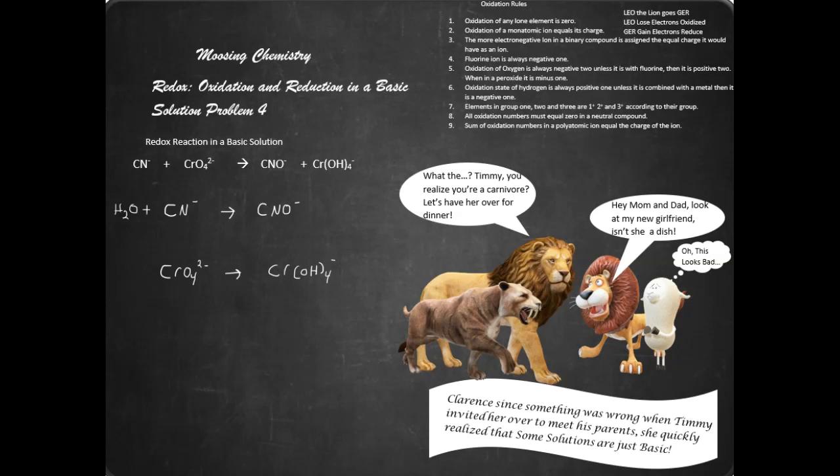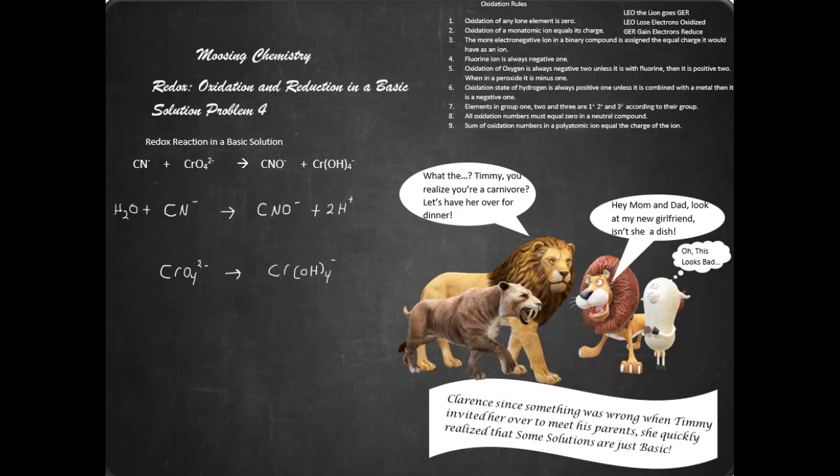Okay. So the next thing we do is balance our hydrogens. All right, and we're going to add 2 hydrogens to our right side. That's because we have 2 hydrogens on our left side. Let's look at the other half reaction.